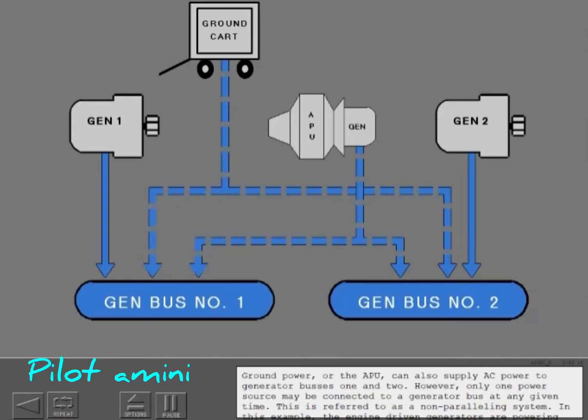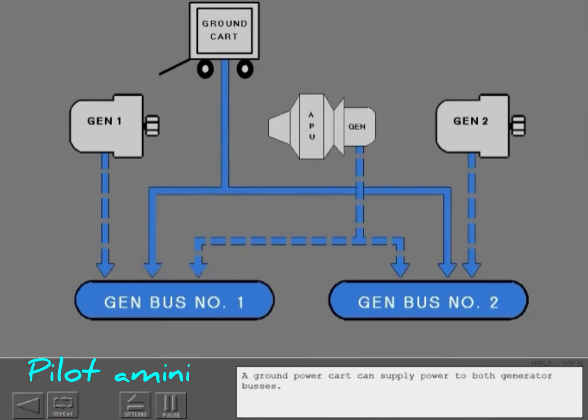In this example, the engine-driven generators are powering their respective buses. A ground power cart can supply power to both generator buses. On the ground, the APU can also supply power to both generator buses.